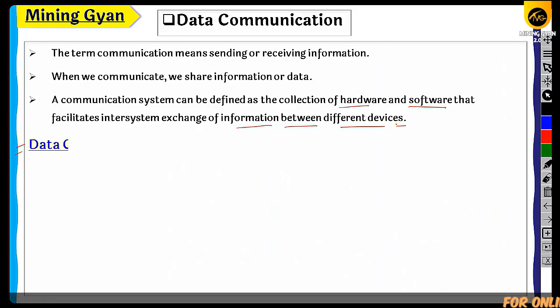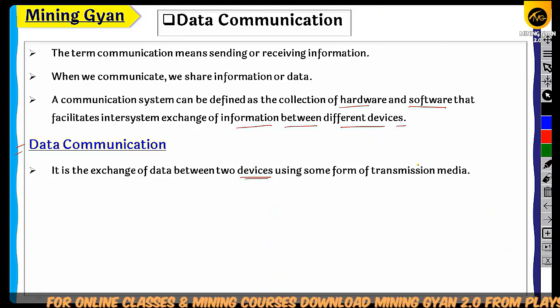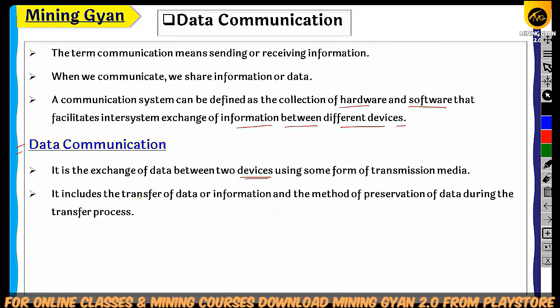So what will be data communication? It is the exchange of data between two devices using some form of transmission media. So basically, we need a transmission medium to transfer or exchange data between different types of devices. It includes the transfer of data or information and the method of preservation of data during the transfer process.